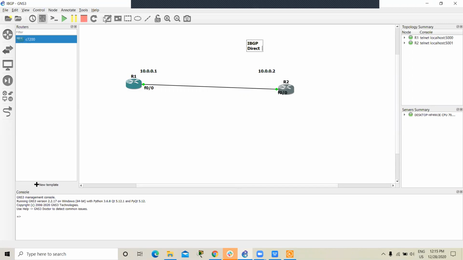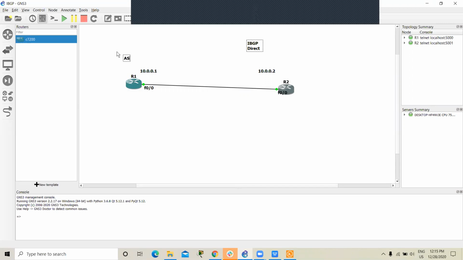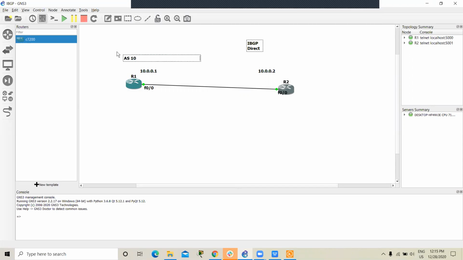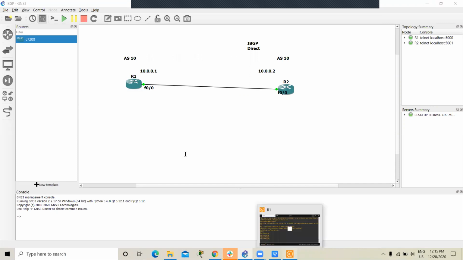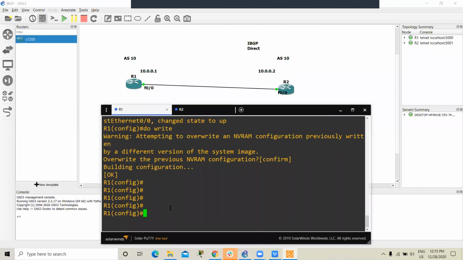Here we give AS number 10, and on this router the AS number is also 10, meaning the AS is the same on both routers. Now how do we perform BGP?